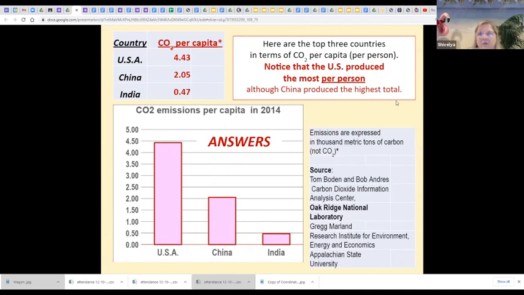However, when we reveal the answers, they can see, and then we talk about what it is about the different countries, their culture, their lifestyles, where even though we're not producing as much in terms of the overall amount, when we break it down to our activities, what we have access to, and how that drives up the per person capita that produce this CO2.